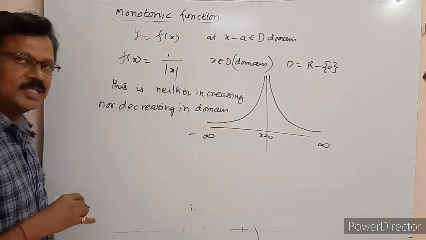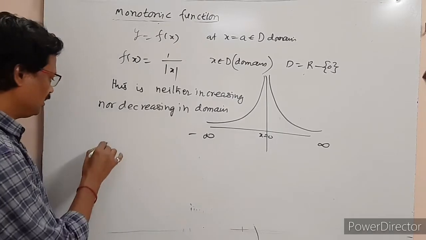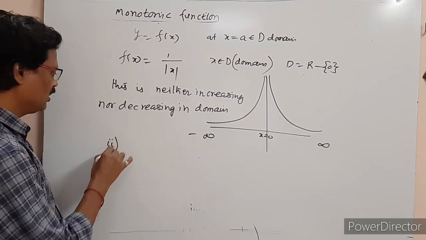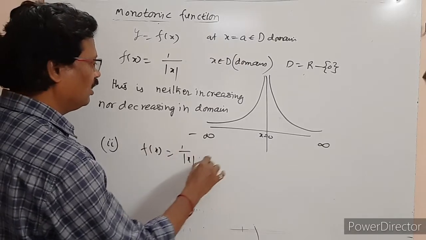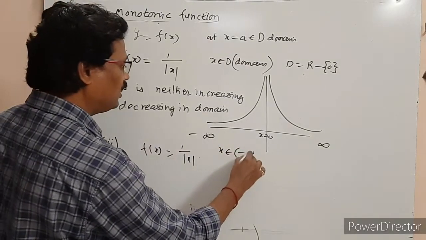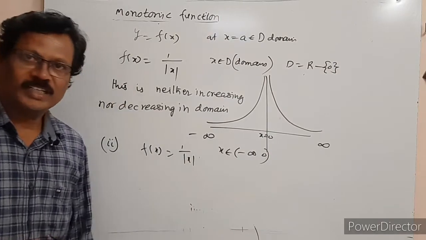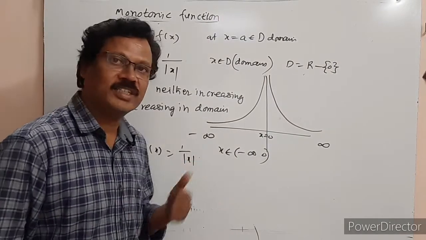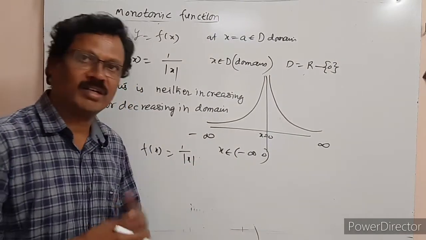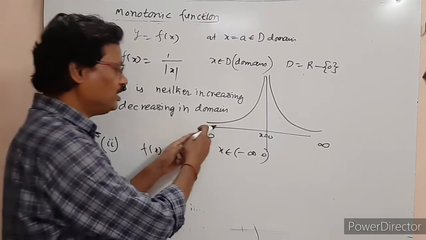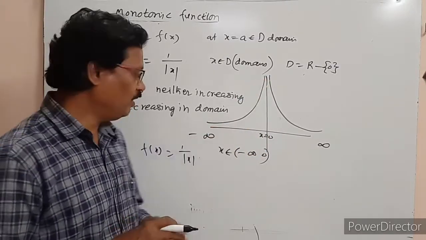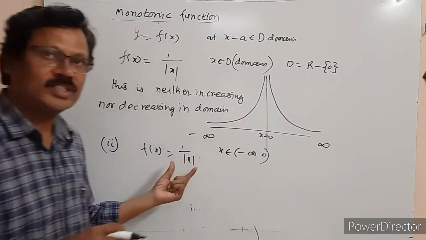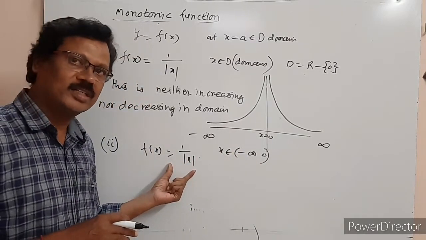Same problem they gave like this: f of x is equal to 1 by mod x, where x belongs to minus infinity to 0. In that interval, whether it is increasing or decreasing, whether it is monotonic or not. Yes, from minus infinity to 0 the function is strictly increasing. Therefore, in this interval the function is a monotonic increasing function.